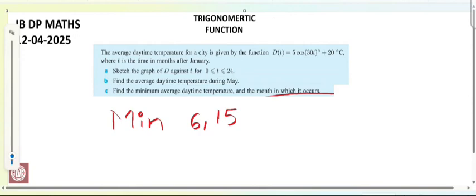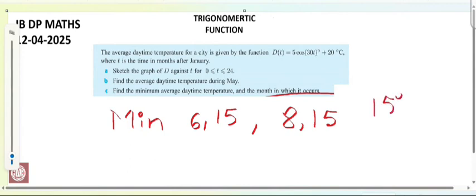Okay, second minimum? The second minimum is 18 comma 15. So we can see that the minimum temperature is 15 degrees Celsius.